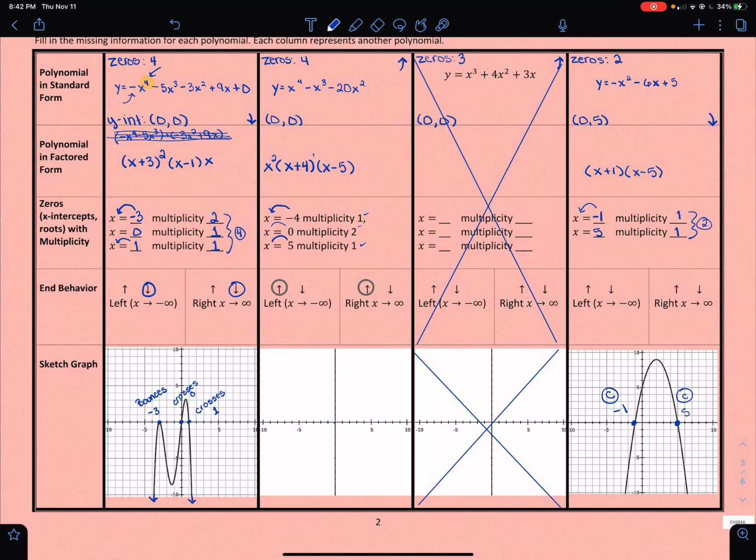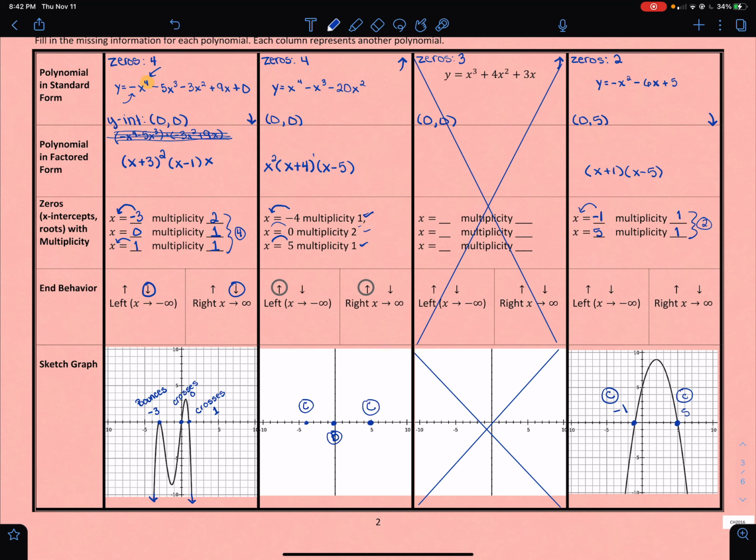Now I got to go look at all the x-intercepts. At -4. Okay, so at -4, it happens once, so that means it's going to cross. At 0, it happens twice, so that means it's going to bounce. And at 5, it happens once, so that means it's going to cross. Okay.